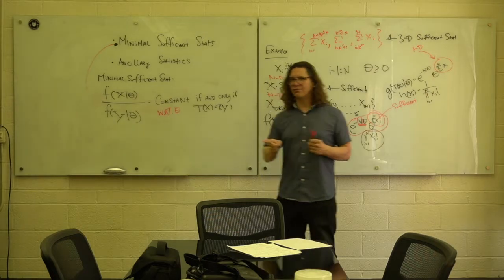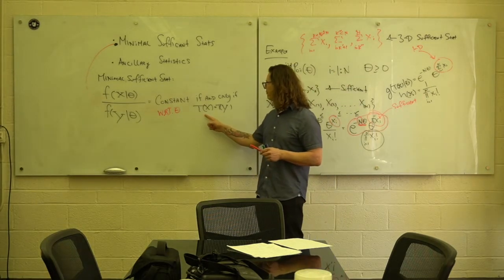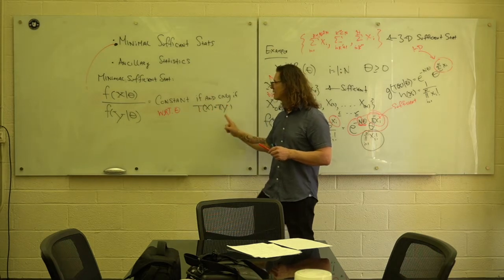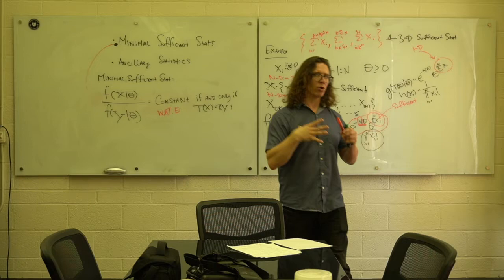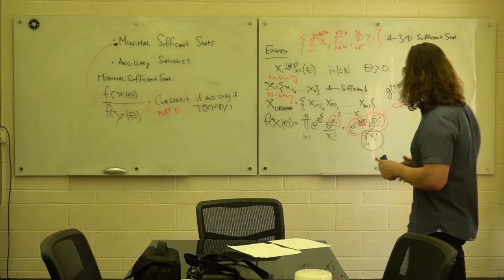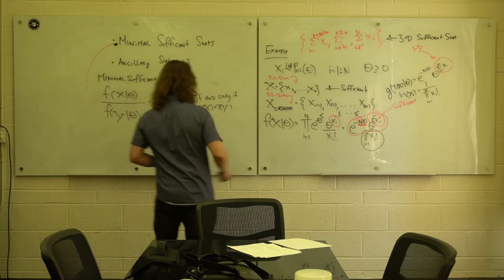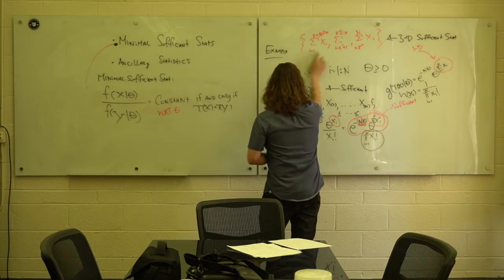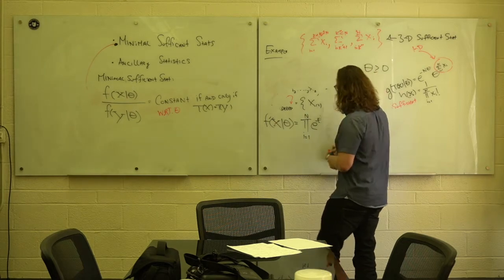That's telling us that it's sufficient. It's this other direction, that if this is equal to that, this will be a constant, that is the minimal constraint. Let's think about that in terms of this Poisson problem. So let's just think about an example. Try to apply this definition.